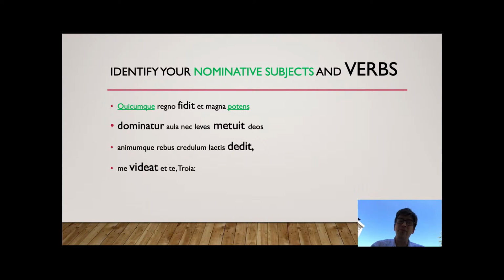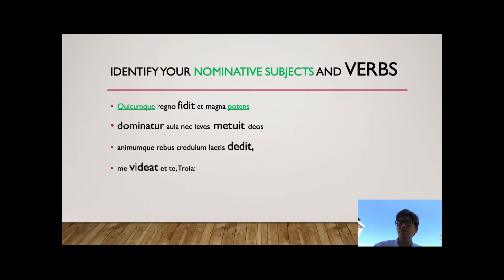And once we've done that, we can begin to use that information to ask, well, who is it who trusts and lords it? And who is it who fears and has given and should see? And we do that by looking for nouns that are in the nominative case. So here we find a couple of potential subjects. We have quicumque, which is the nominative, whoever. We have potens, which is an adjective, but it's nominative, so it could be a substantive adjective.